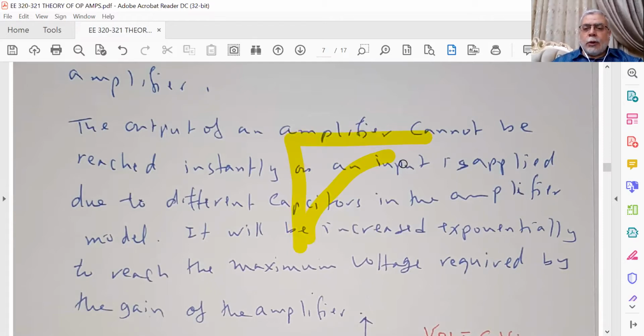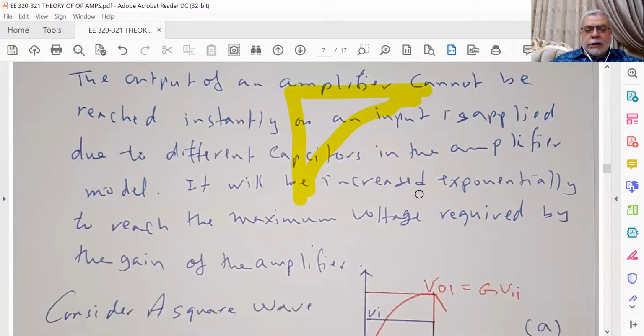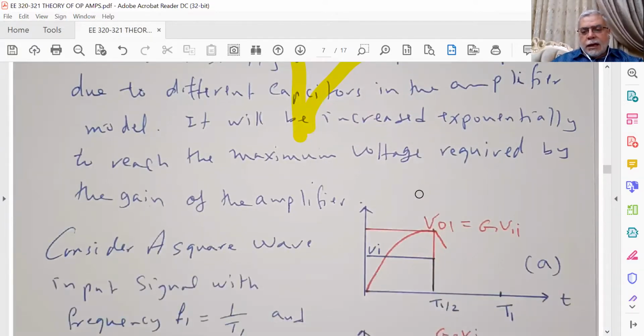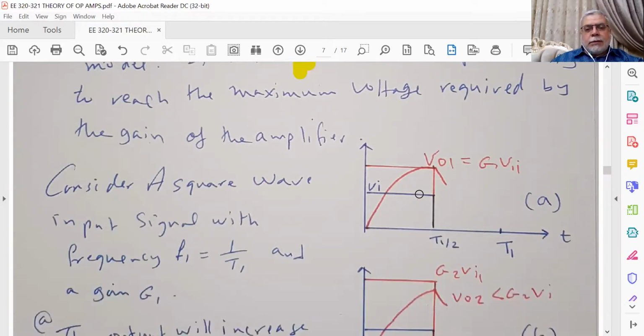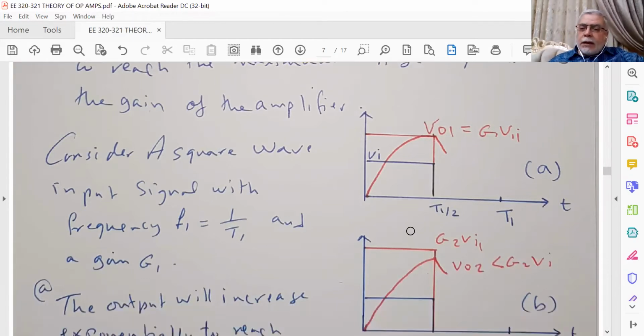So the output will increase exponentially until we get the maximum value required by the gain and the signal of the amplifier. I will try to explain this using a square signal.